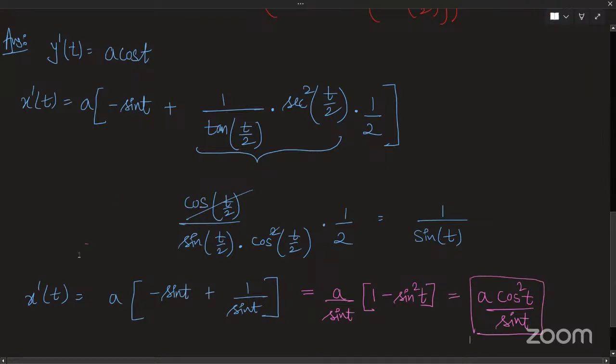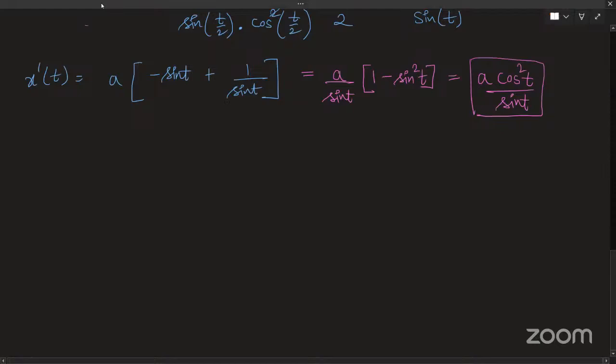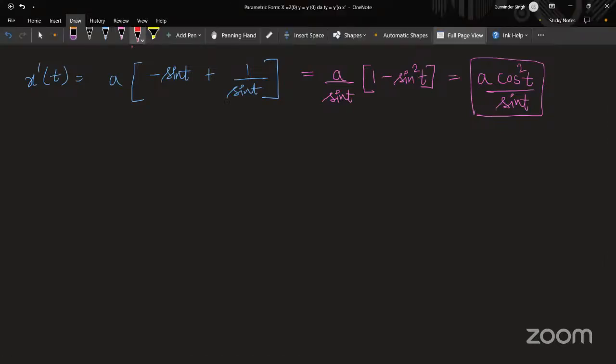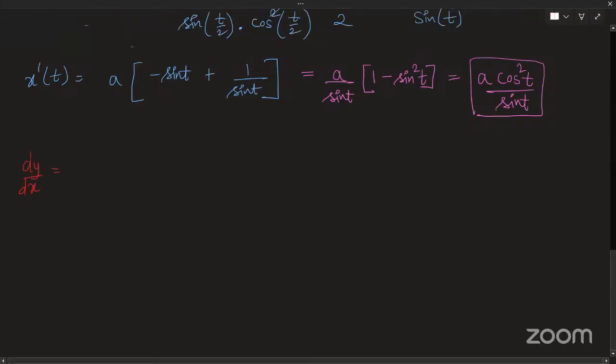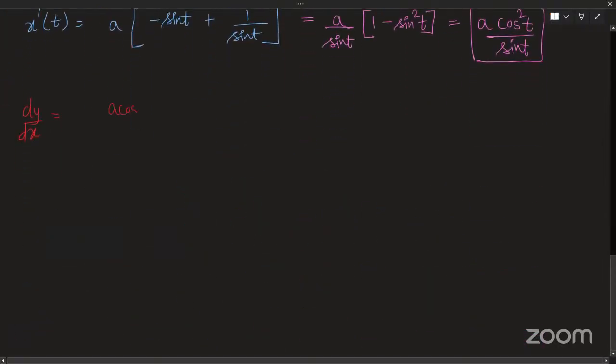Great. So now you have successfully calculated your value of y dash of t and your value of x dash t. What would you do next? You need to calculate dy by dx, so just divide. So in the top, you have a into cos of t, divided by a cos square t divided by sin t.